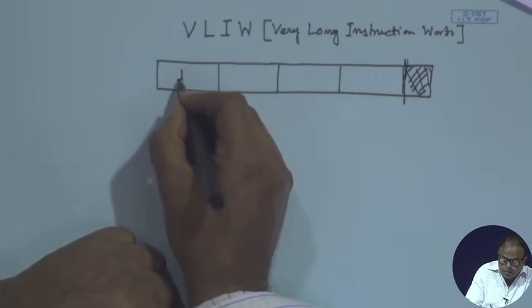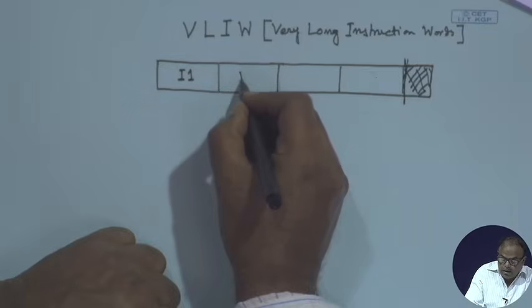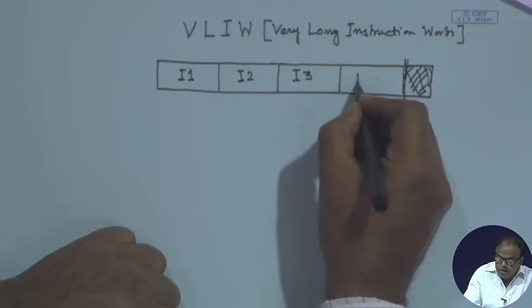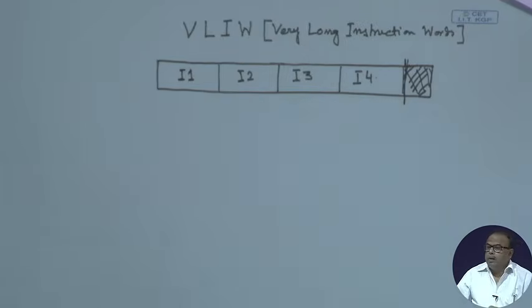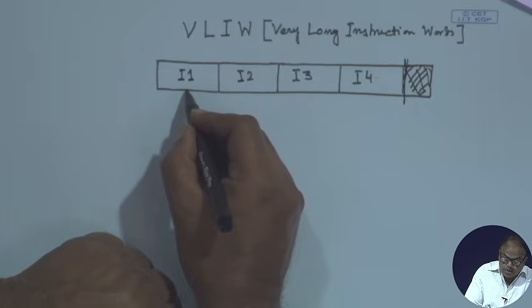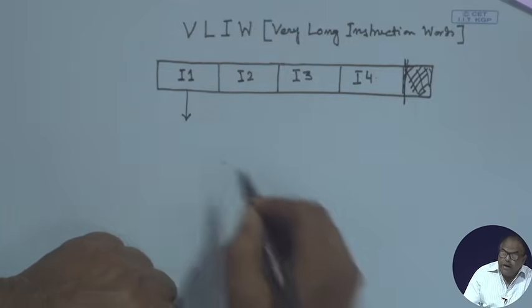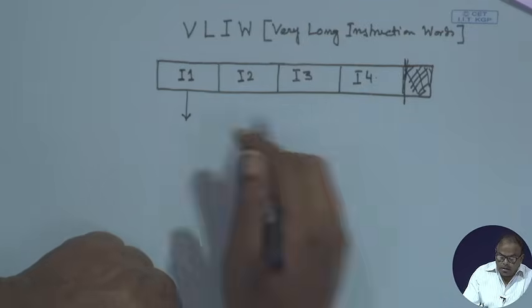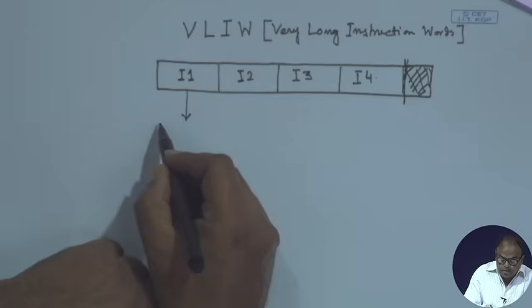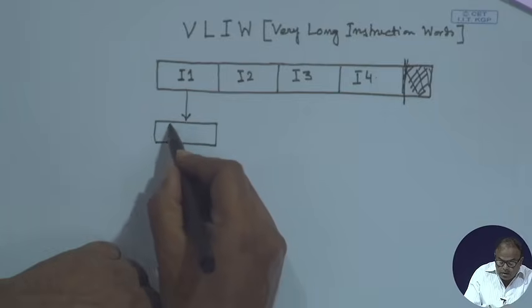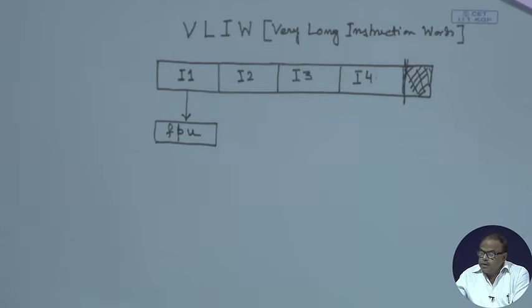Now, suppose here I have instruction 1, here is instruction 2, here is instruction 3 and here is instruction 4. Suppose I have taken 4 instructions. There are further advantages. I can now take the help of parallel processing, because suppose this one is a floating point instruction, so it goes to a floating point unit.